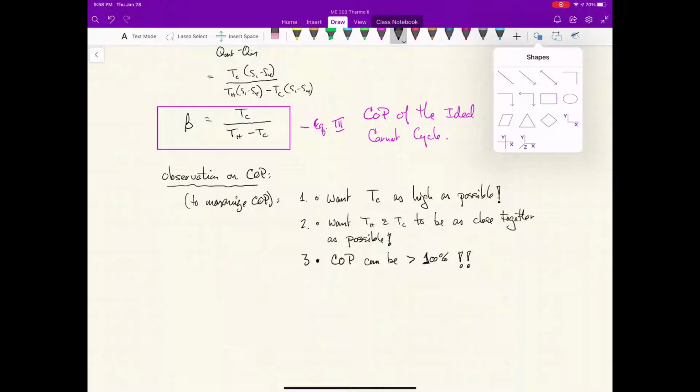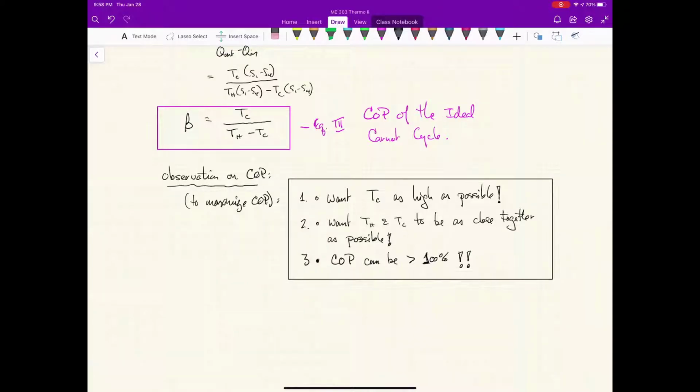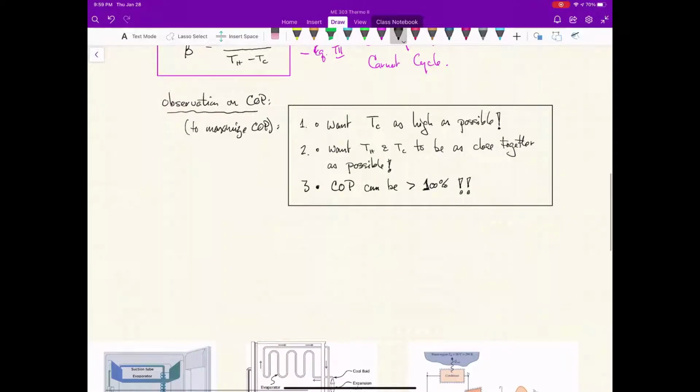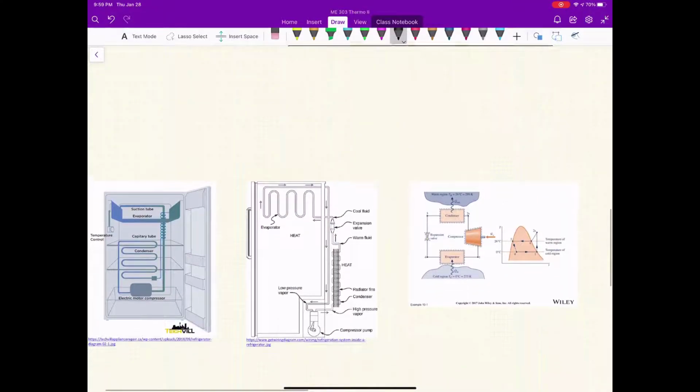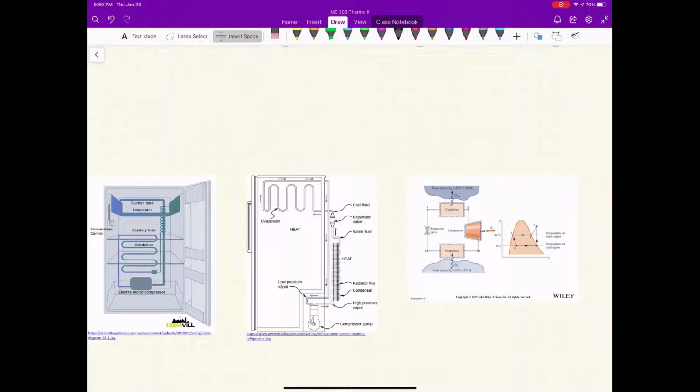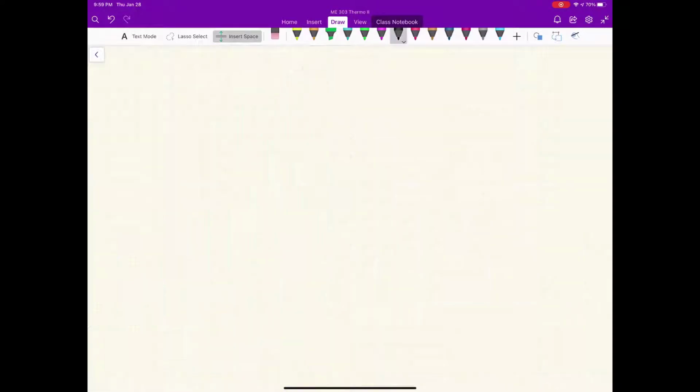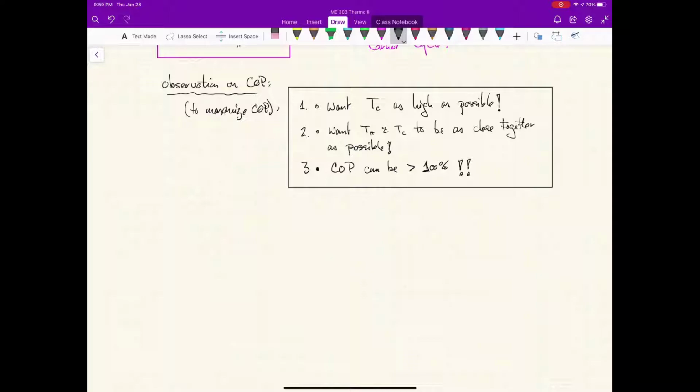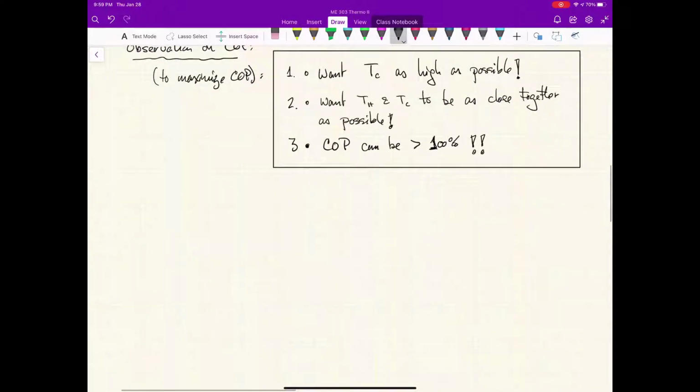So those are the 3 basic laws or observations that we can make for the COP based on watching the Carnot cycle. I'm not going to go through the same derivation. I'll leave it as an exercise for you to do here. But I will ask you to see if you can show this exercise.